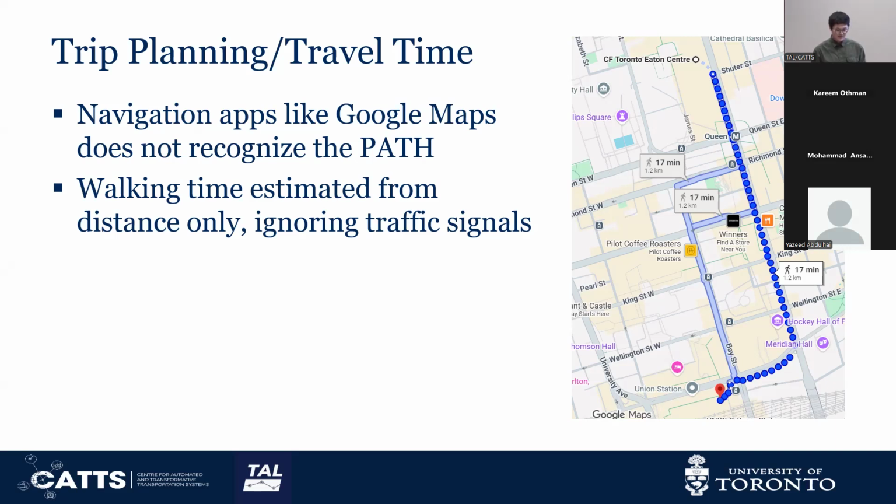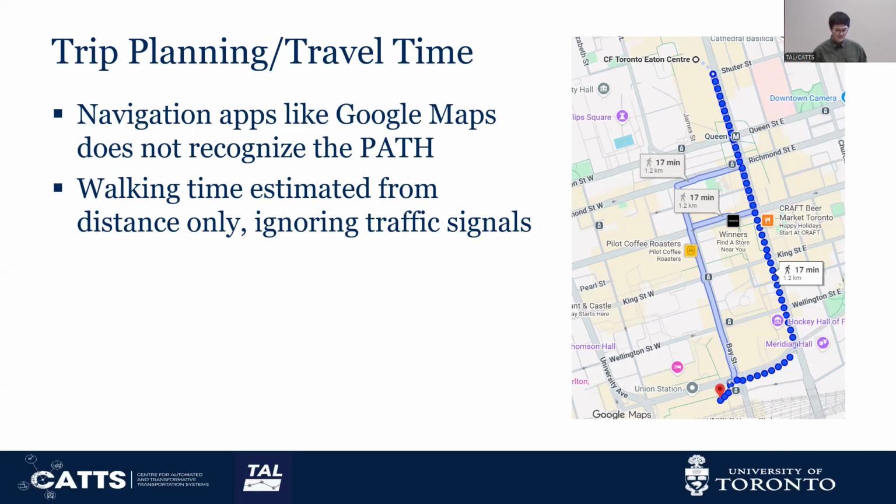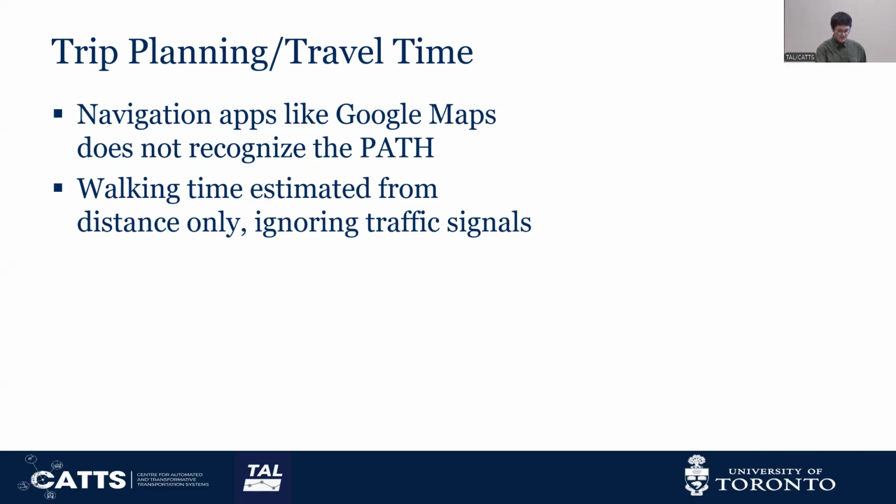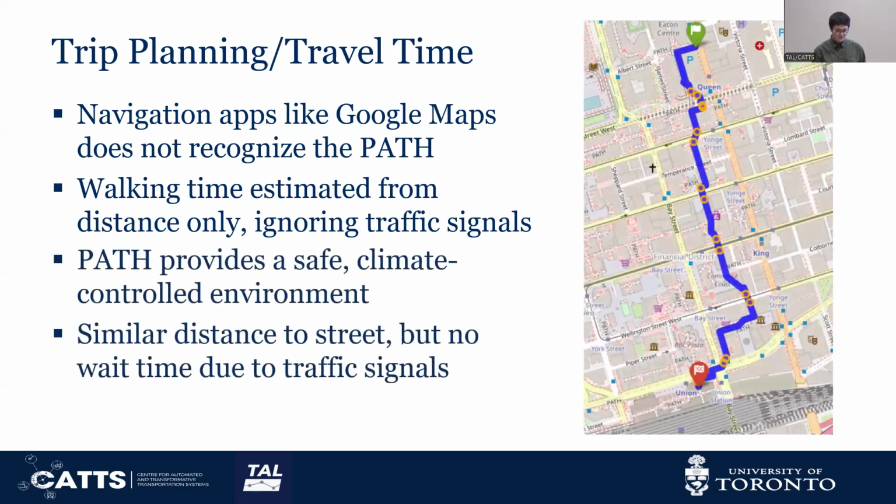The approximate distance is about 1.2 kilometers, and the walking time, 17 minutes, is calculated based on the distance divided by the average human walking speed. That does not account for the wait time behind traffic signals. On the other hand, if we do the same trip in the PATH, this is the path that you want to take.